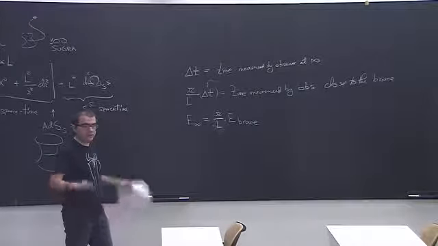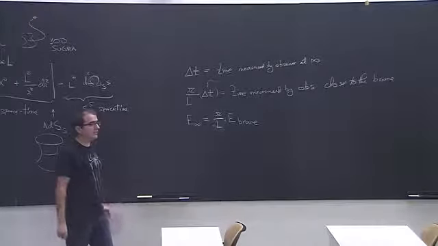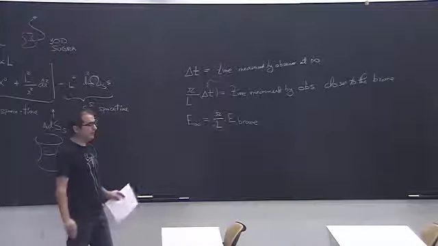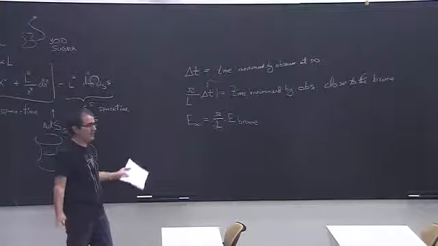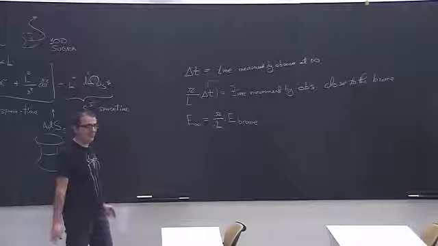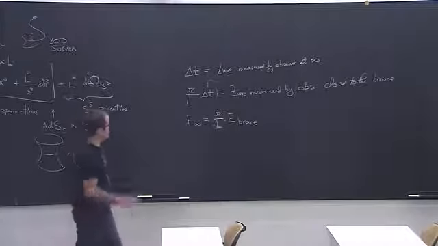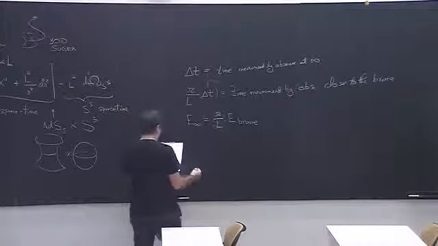What's true for delta t, the inverse is true for delta E. Is it okay? Please see, this is the most important thing. Is this R over L crucial? Okay? Do you agree?